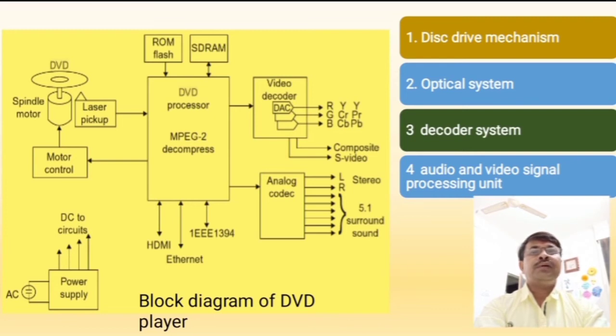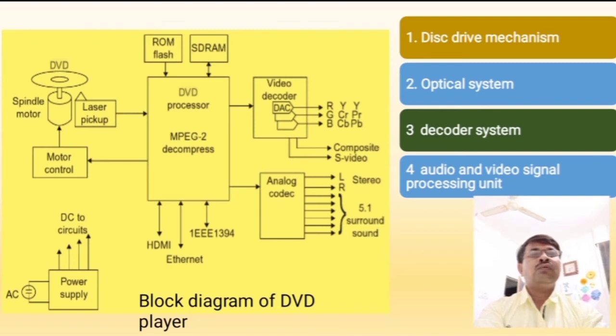Decoder unit, moving picture expert group decoder, decodes the data from DVD and generates output in the form of audio and video signals. So the audio signal is played back by using speaker unit, and video signal is played back by using television receiver unit.